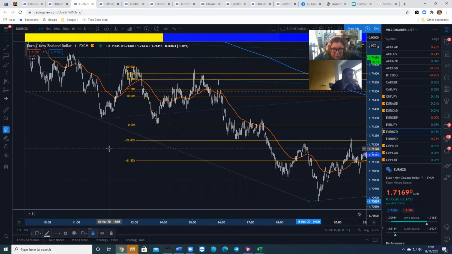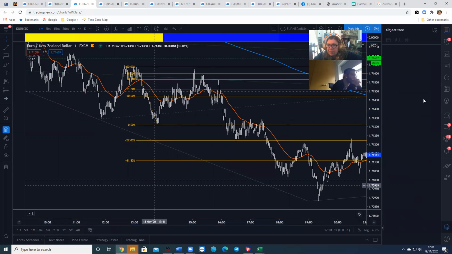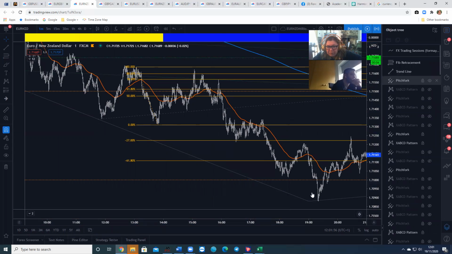So in this instance, I'm not sure where the pitchfork is. Yes, because I'd be off a different pitchfork, wouldn't I? That's the thing. I wouldn't be on that pitchfork at this point because it wouldn't be drawn until down here. So what I've got to look at is which pitchfork is affected. Essentially that pitchfork isn't even drawn yet. Exactly. So it means you might not have got into it.